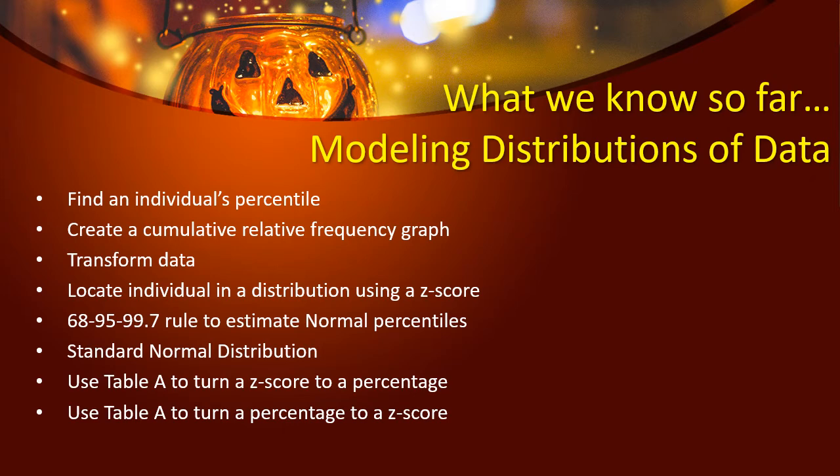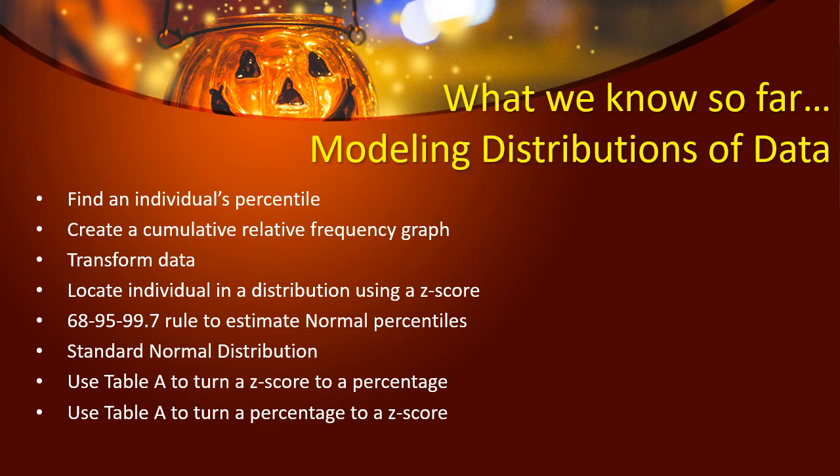Then we learned how to transform data, how addition, subtraction, multiplication, or division affect shape, center, and variability in a distribution. We learned how to locate an individual in a distribution using a z-score, so we learned how to make z-scores and the formula for that. We learned the 68-95-99.7 rule, aka the empirical rule, to estimate normal percentiles.